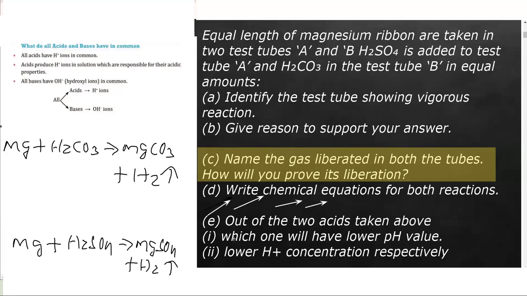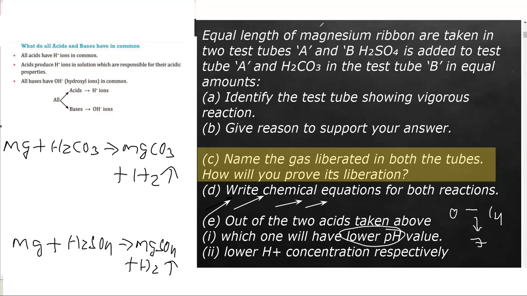Now the next question is, out of the two acids taken, which one will have a lower pH? The lower the pH, the higher the strength of an acid. You should know that the pH varies from 0 to 14, with 7 being neutral. So the lower the pH, the more the strength. The acid with more strength, H2SO4, will have a lower pH.